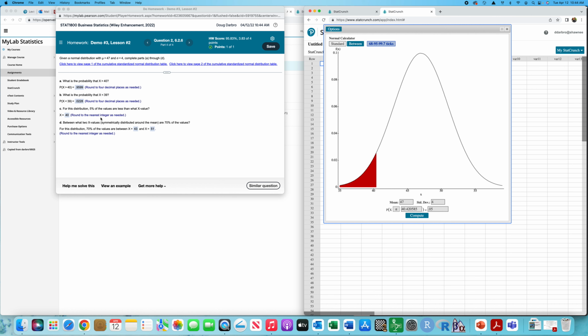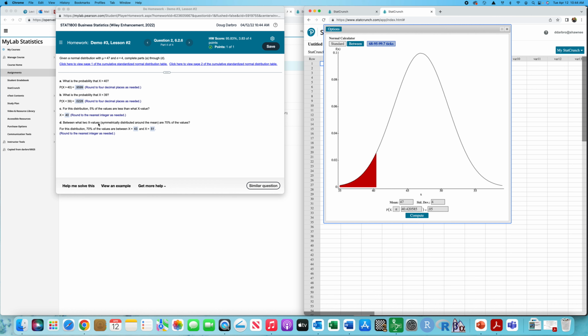If I round to the nearest integer, you can see the 40.42 is just rounded to 40. I put the area, and again, I want 5% less than or equal to, so that's the reason I entered those.